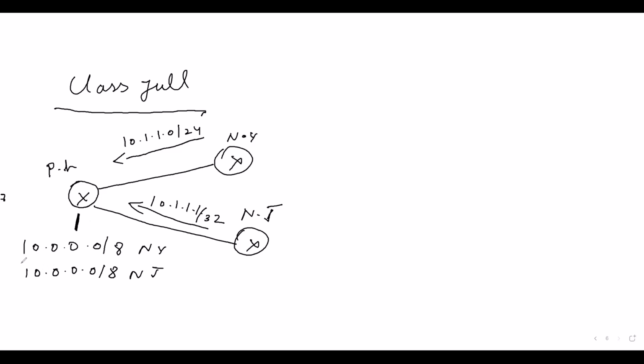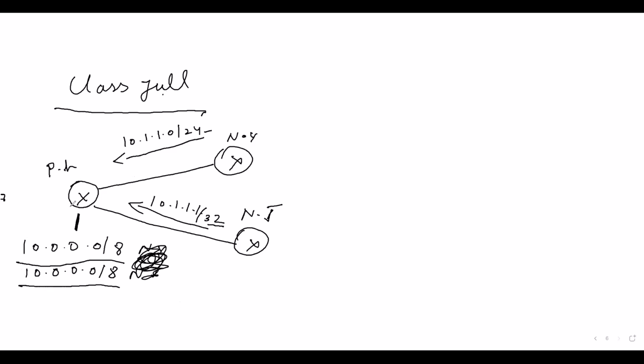Your router will be confused about where to send data, because it received the same network, the same route, but actually they are different. For New Jersey I have a /32 subnet mask, for New York I have /24. But because of the classful routing protocol, it converted to /8. Now I don't know which is New Jersey and which is New York.